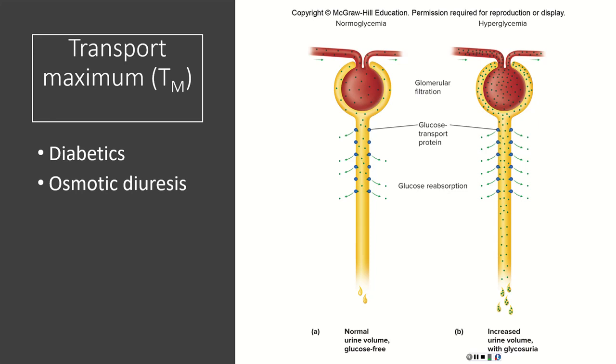And what we say with glucose can also be applied to amino acids, vitamins, and various substances that are only reabsorbed in the PCT especially. You can apply it to anything in the nephron at all, but glucose, amino acids, and vitamins are only reabsorbed in the PCT, so it's very important to talk about transport maximum with regards to those.